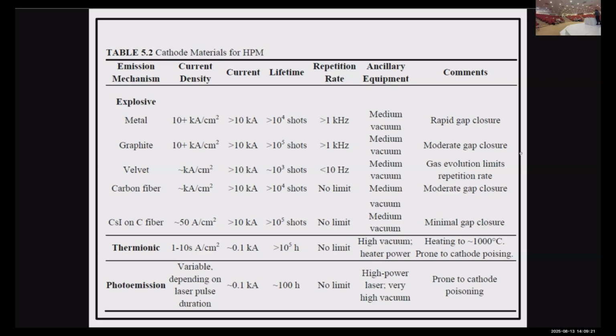It does affect the system for high rep rate. If you have very high rep rate pulses, the next pulse will suffer from this. But usually our rep rate is 100 hertz to maybe 1 kilohertz at most, so the system has the time to go back to the level of the vacuum.